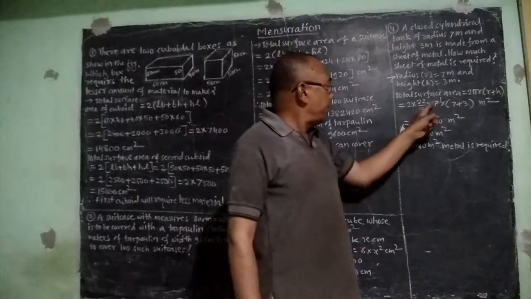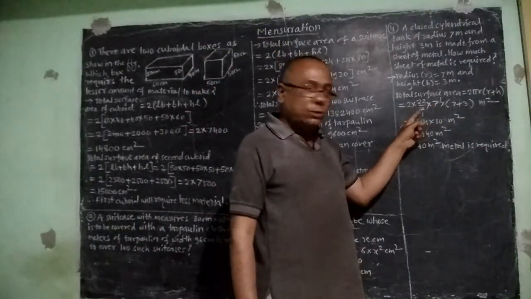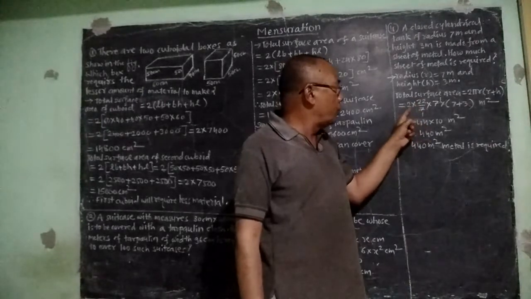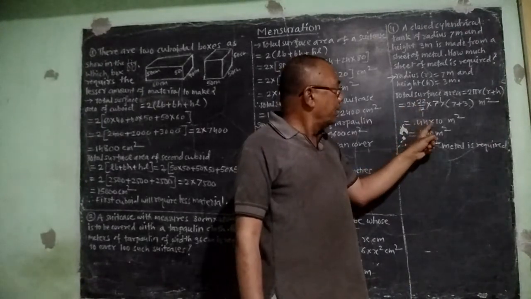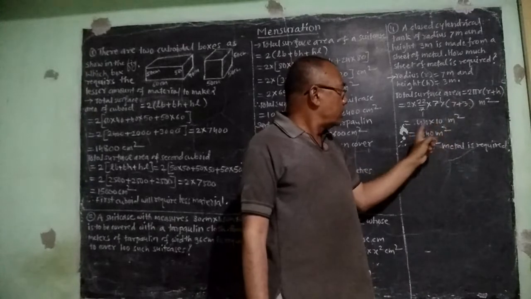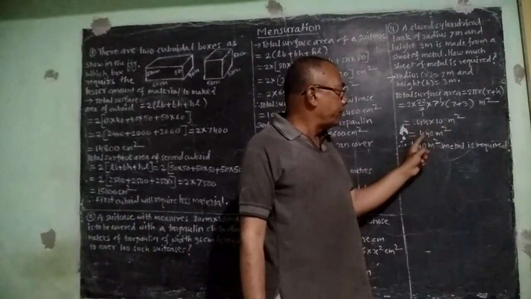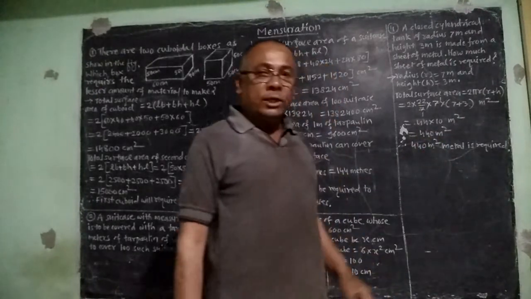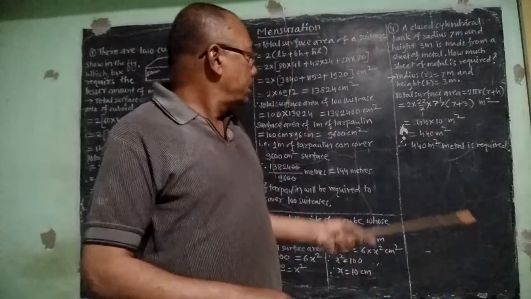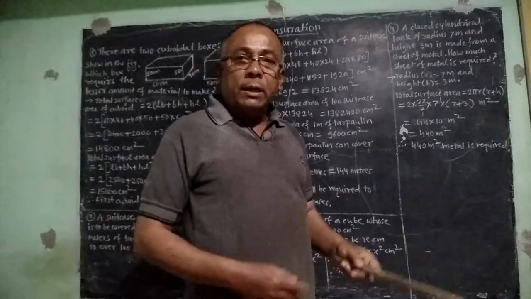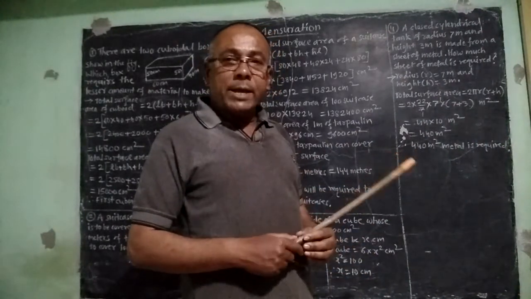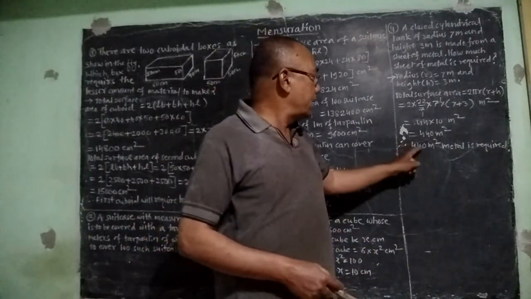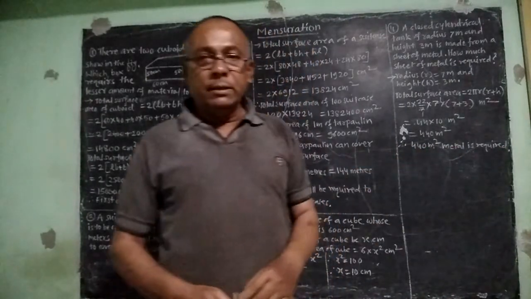Here 7 will be cancelled, so we will get 22 into 2, that is 44, into 7 plus 3 is 10, so 44 into 10, it will be 440 meter square, and therefore total sheet of metal required is 440 meter square.